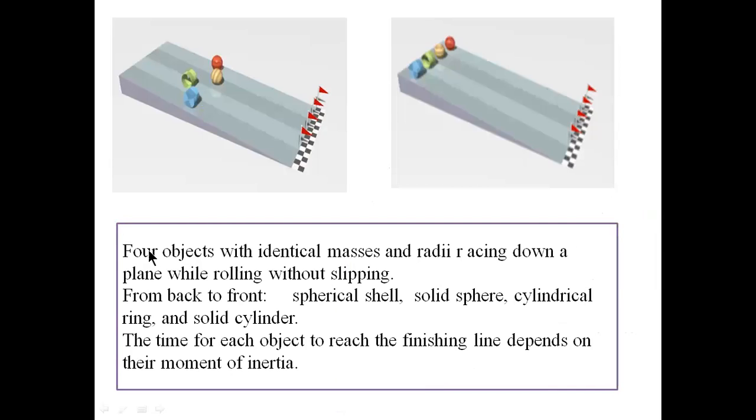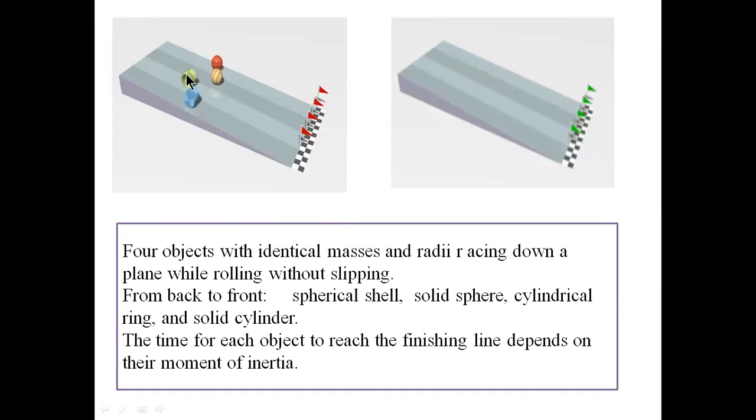Now, four objects with identical masses and radii are rolling down a plane without slipping. So these are the two figures here. Same, that is the identical masses. They are rolling. Now, back to front: spherical shell. So the first one is the spherical shell here. Then solid sphere, this is.